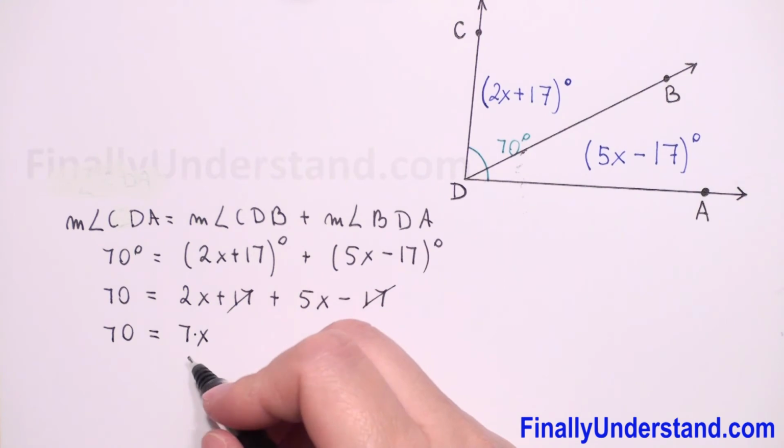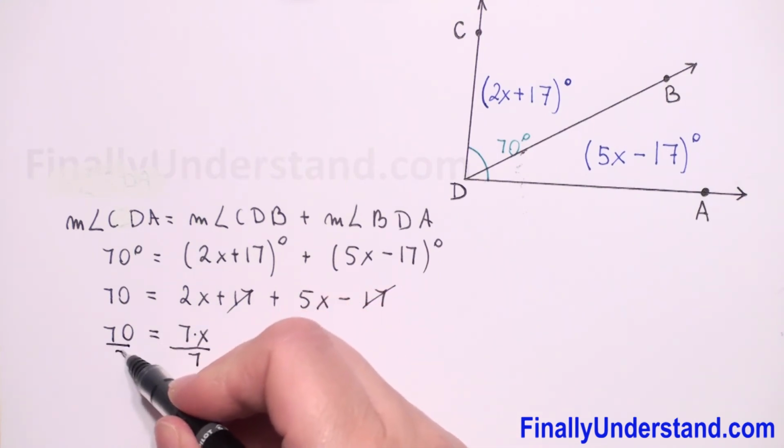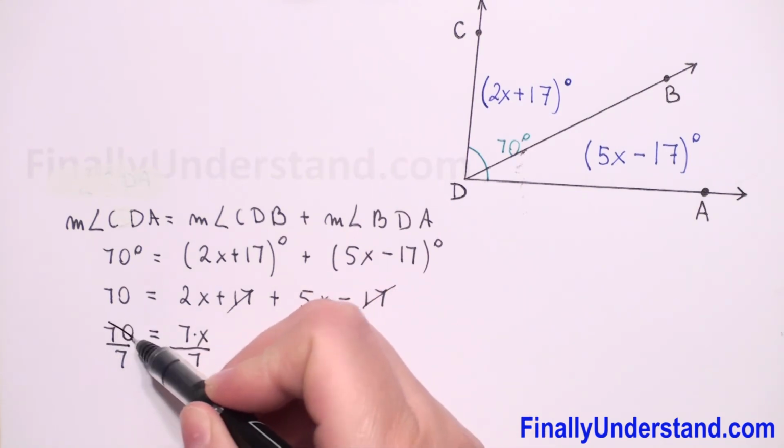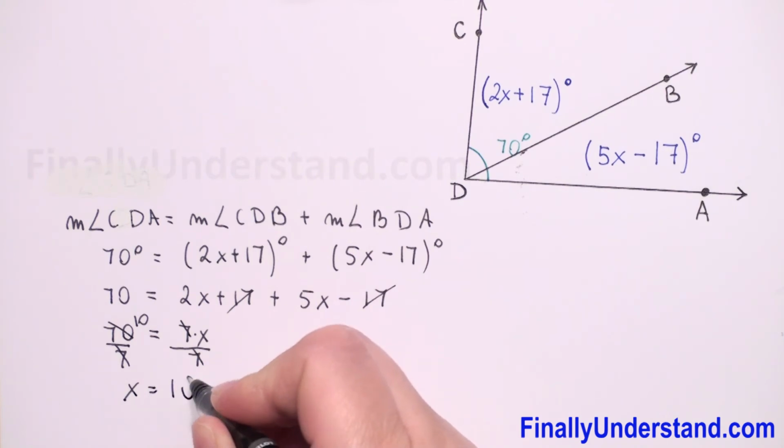Because we have multiplication on the right side, we can divide by 7 both sides, and we can reduce 70 with 7, which will be 10, and 7 and 7, so we have that x is equal to 10.